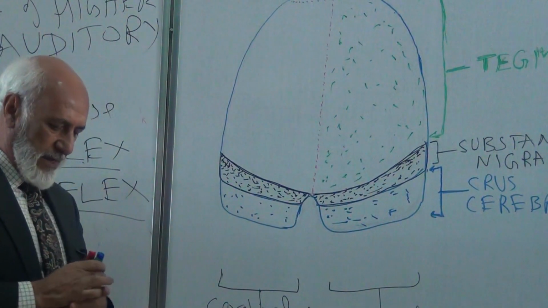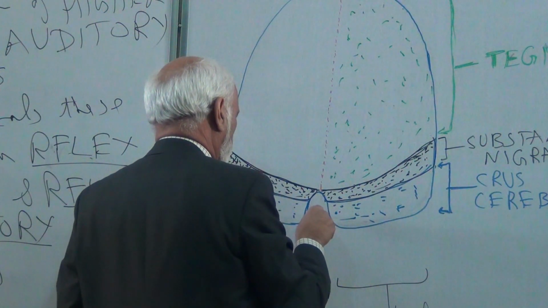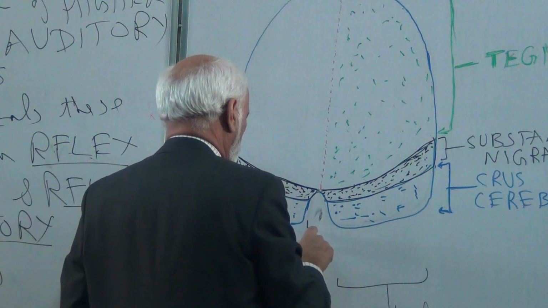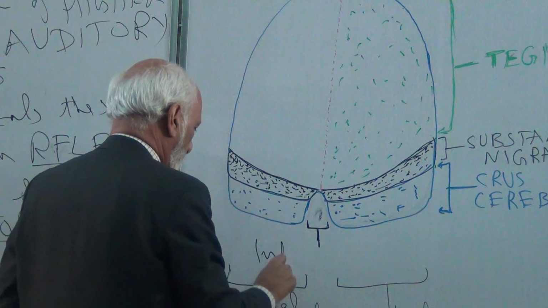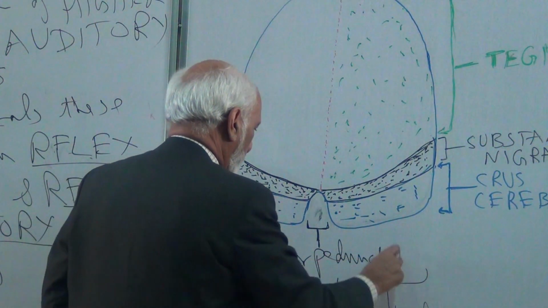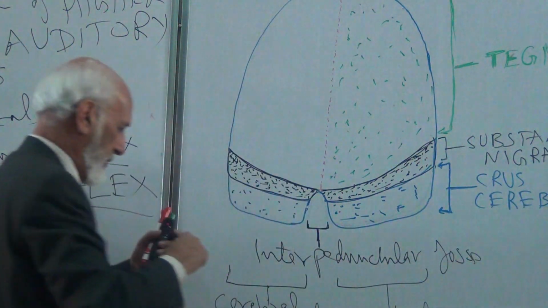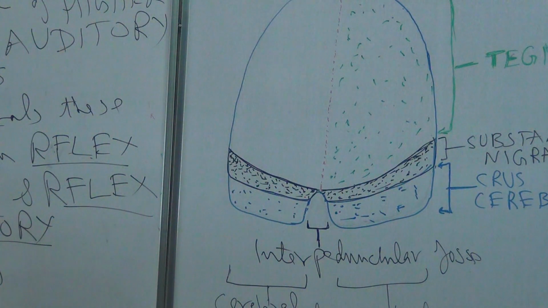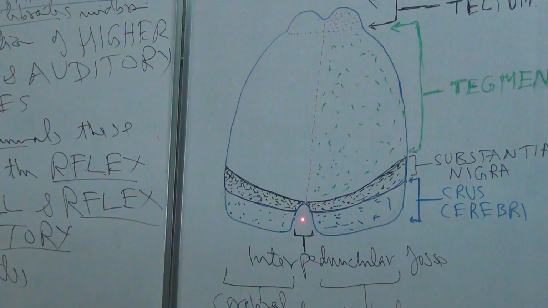They are separated by a fossa known as the interpeduncular fossa. In other words, the right and left crus cerebri and the right and left substantia nigra do not fuse. They are separated by this fossa known as the interpeduncular fossa.